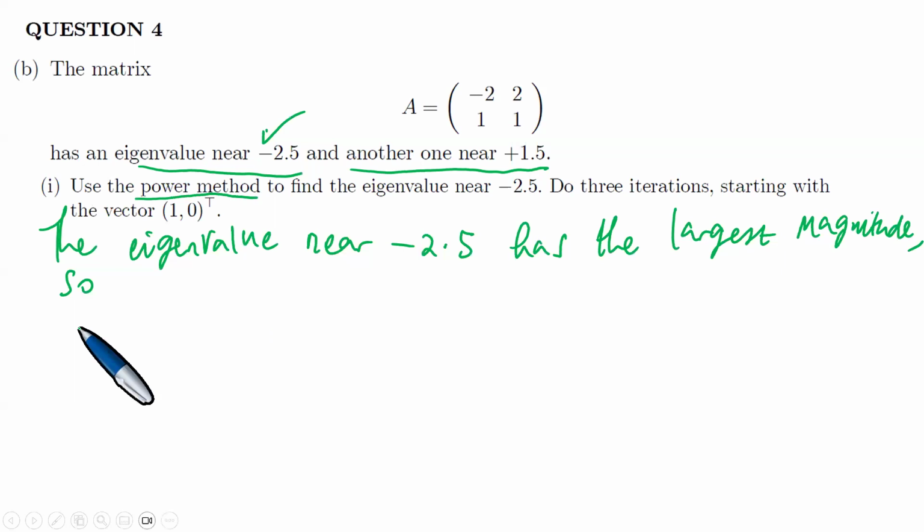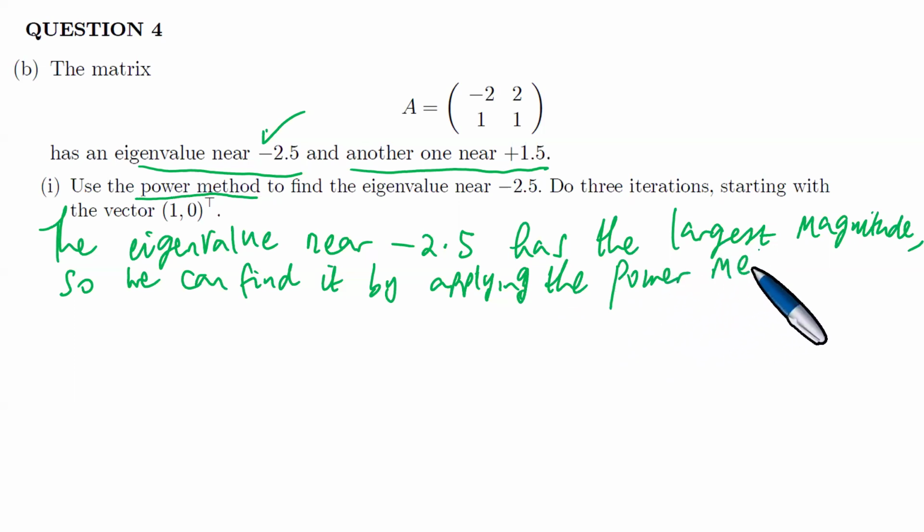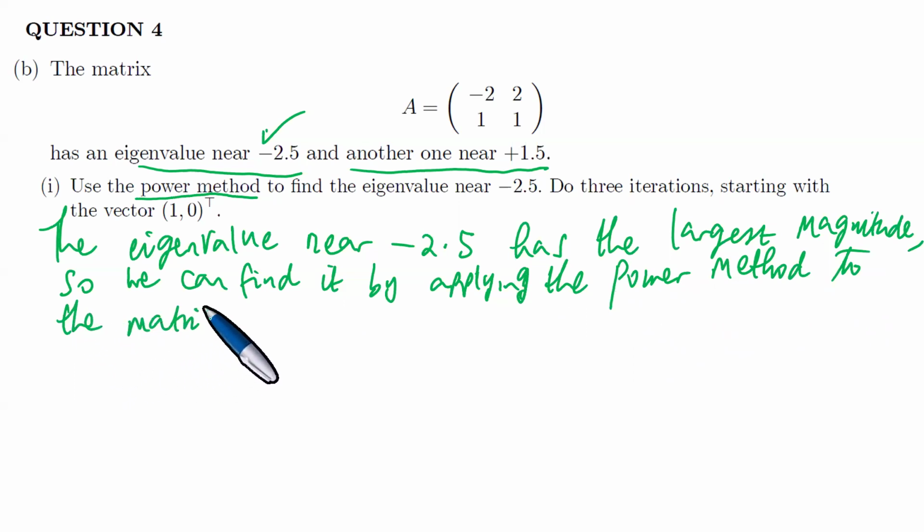So we can find it by applying the power method to the matrix A. So we look at the dominant one.